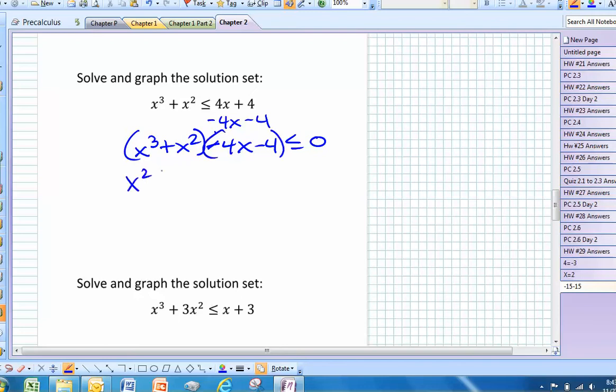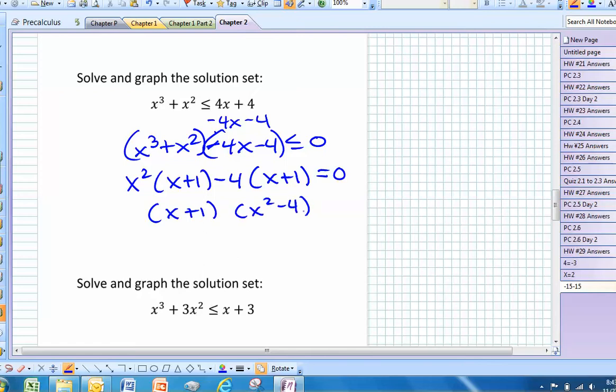So I get x squared times x plus 1, minus 4 times x plus 1, equals 0. So I get x plus 1 and x squared minus 4. If I factor this, it's x plus 2 and x minus 2. So there are 3 critical numbers or boundary points of negative 1, negative 2, and 2.